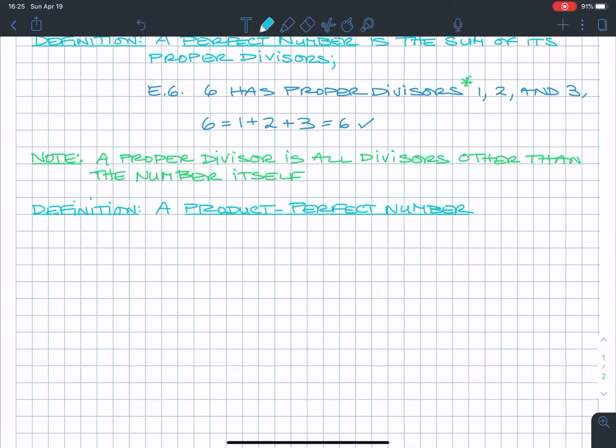So a product perfect number is equal to the product of its proper divisors, meaning the multiplication of its proper divisors.